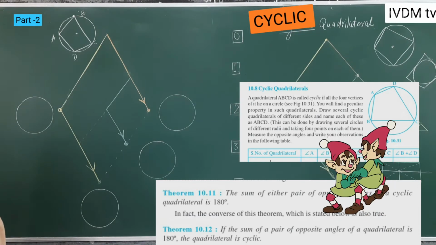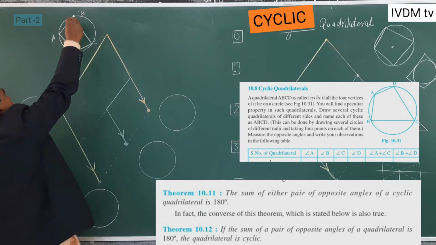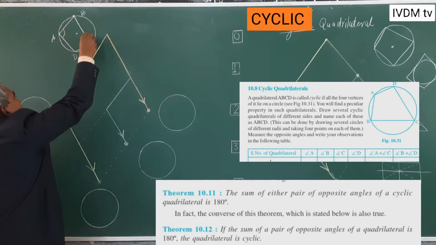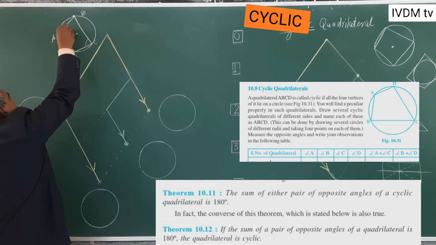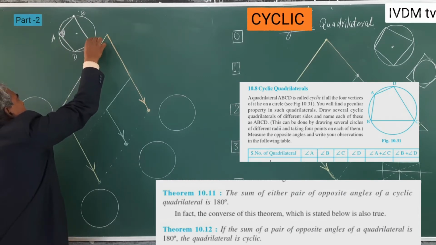So the condition is that the sum of the opposite angles, meaning angle A and angle C, is equal.